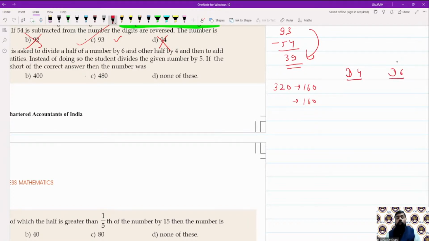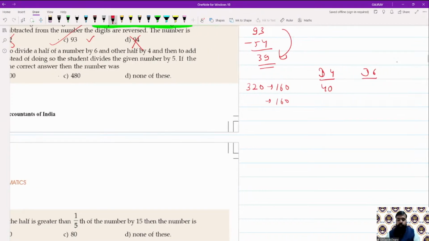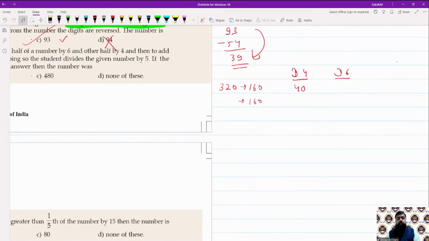So 160 upon 4 is how much? 160 upon 4 is 40, and 160 divided by 6. See, it is not perfectly divisible by 6. That is why there is less chance that this option will be correct. But we will still write the division. So we are getting 6.66.